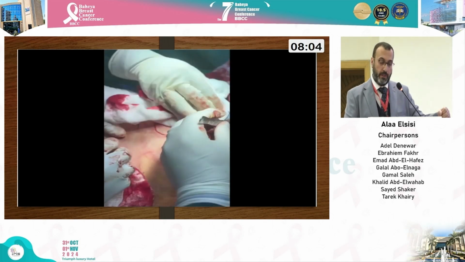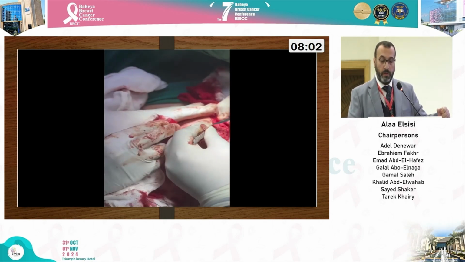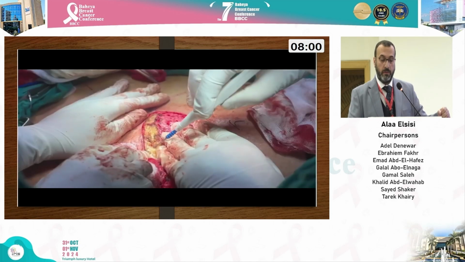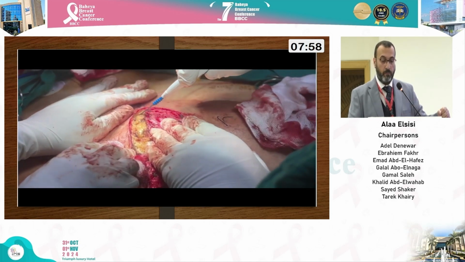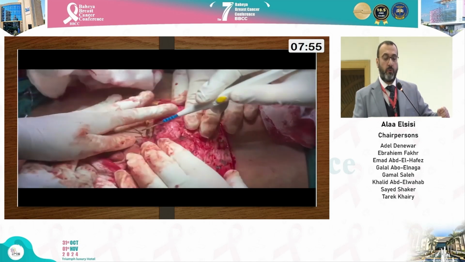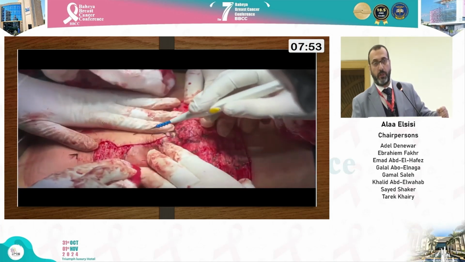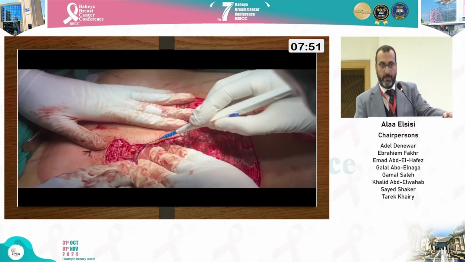After complete depixelization, the advantage of the wise pattern in glandular resection is that it is very easy and rapid.